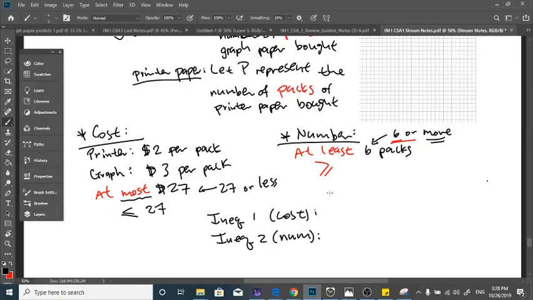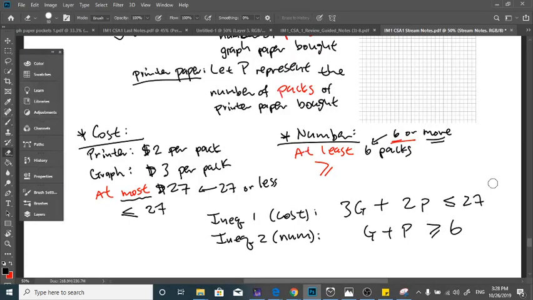So the cost one, we're gonna have, what was it, G and P, and then here the number one, we have G and P. So we know that G and P together should be more than or equal to 6. So a G costs 3 and a P costs 2, and we're less than or equal to 27.